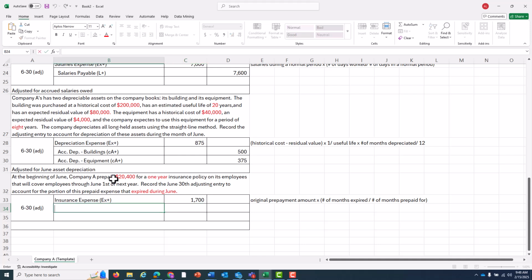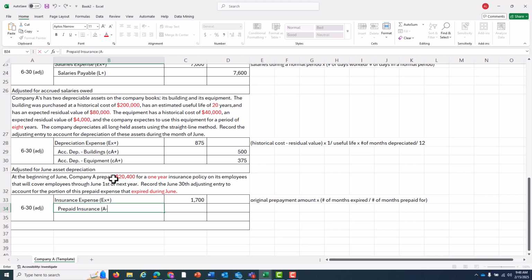Well, we paid in advance for this policy, which means at this point in time we would have a prepaid account on our books that is expiring, and the amount of insurance remaining that we have prepaid for needs to be decreased because we utilized some of it. So the credit is going to be to prepaid insurance.